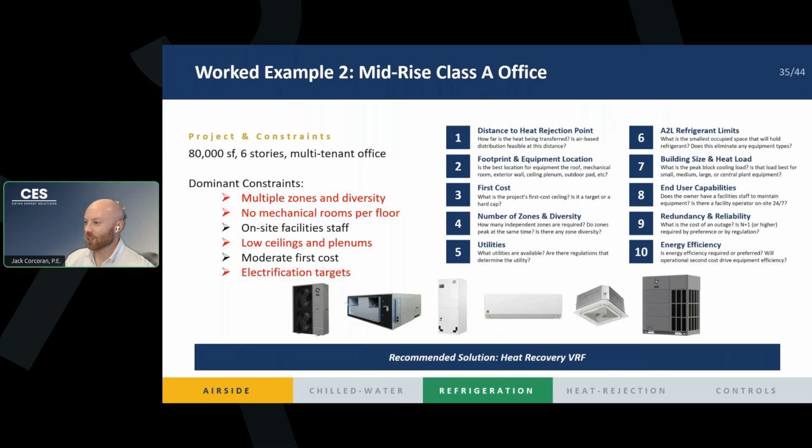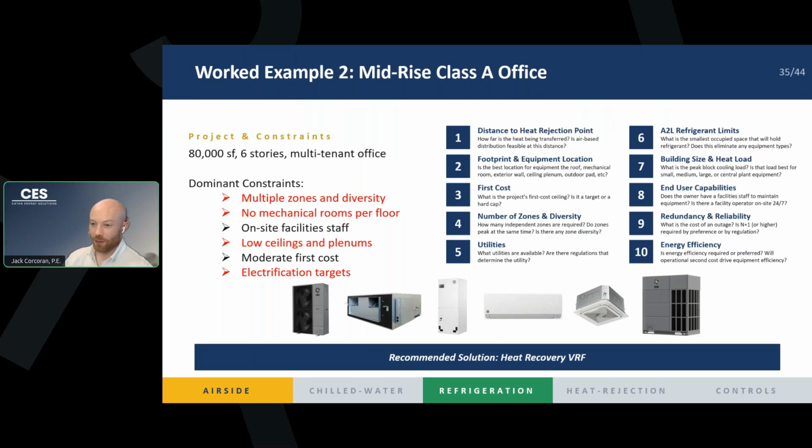Your architect already squeezed you on your ceilings, and they're probably going to squeeze you on the shaft space to run ductwork up and down the building. VRF is a great way if you have limited space, because all you're running between floors is refrigerant piping, which can be a quarter inch, half an inch, up to 2.5 inches. With a little bit of insulation on it, it's much, much smaller than your 40 by 40 riser that might have to run up and down the building.